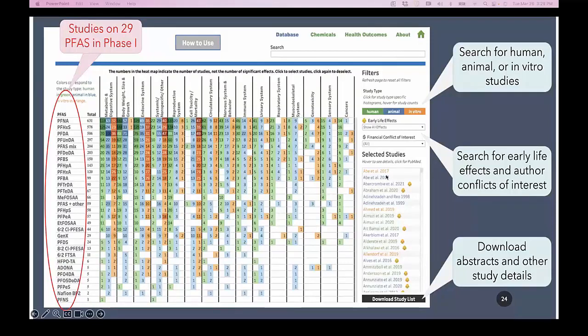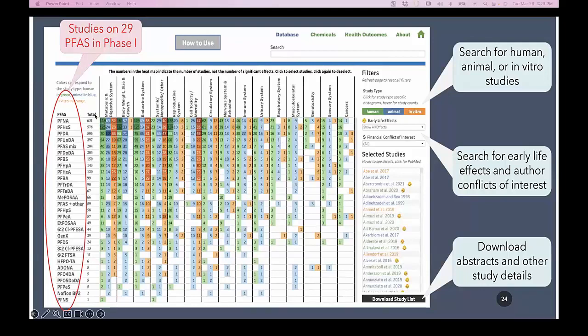Happy to do a live demo during the Q&A if that's helpful, but let's keep moving through this so you can get a feel for it. So on the very left-hand side, where the red circle is, it says studies on 29 PFAS, and these are the list of PFAS that are currently included in the database.